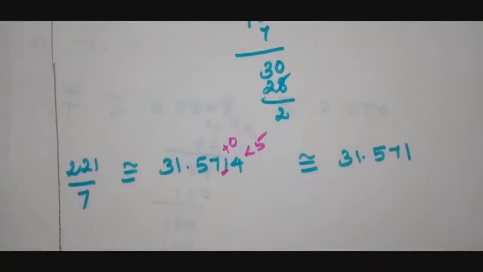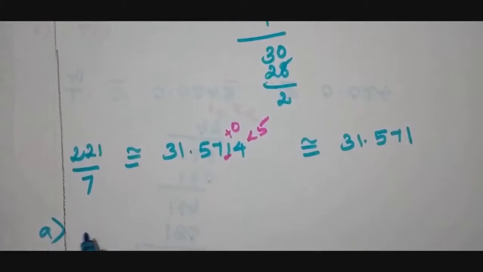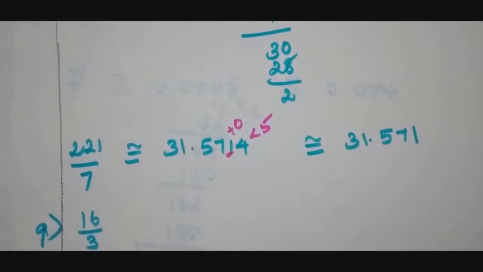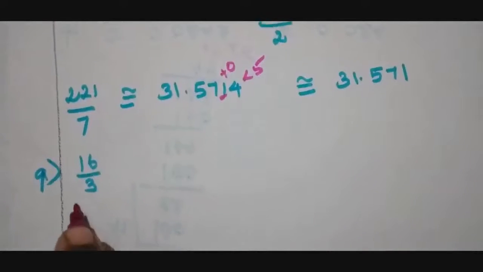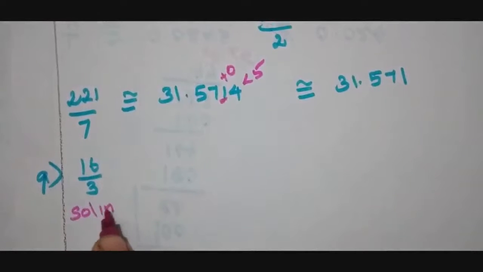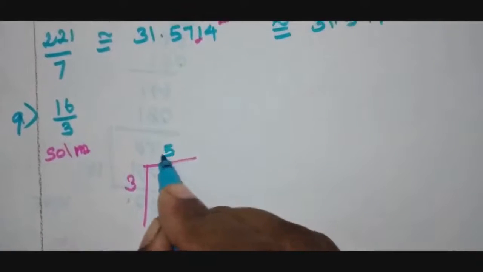The next one, 16 divided by 3. 5 3s are 15.